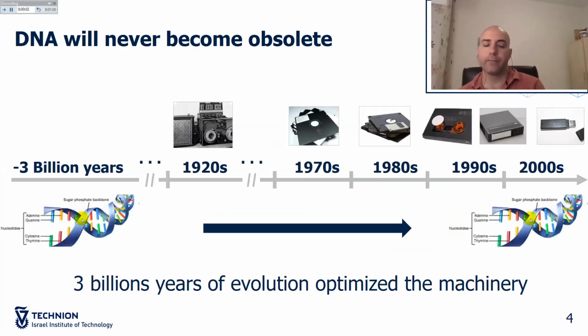Another advantage of DNA is the fact that it will never become obsolete. Unlike your old floppy drives or 8-track disks, DNA has been used in nature for the past 3 billion years and will remain relevant and readable for as long as we are around.